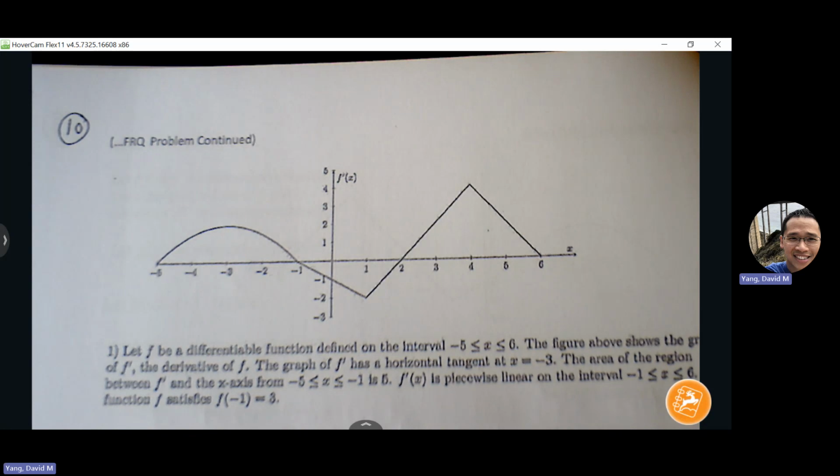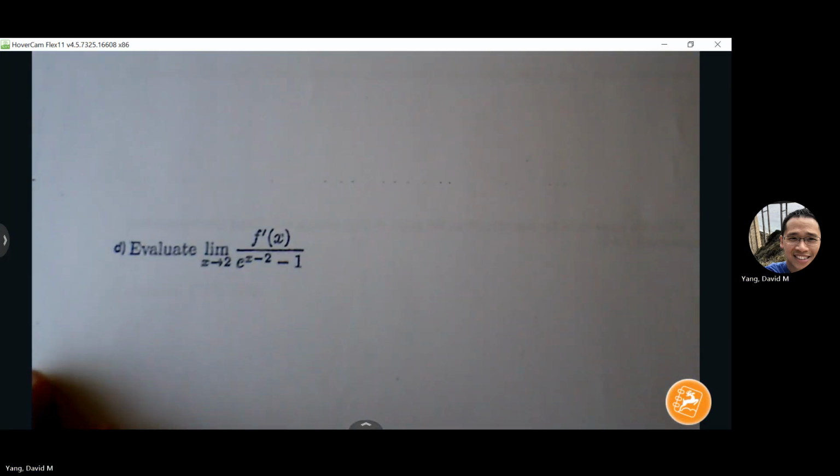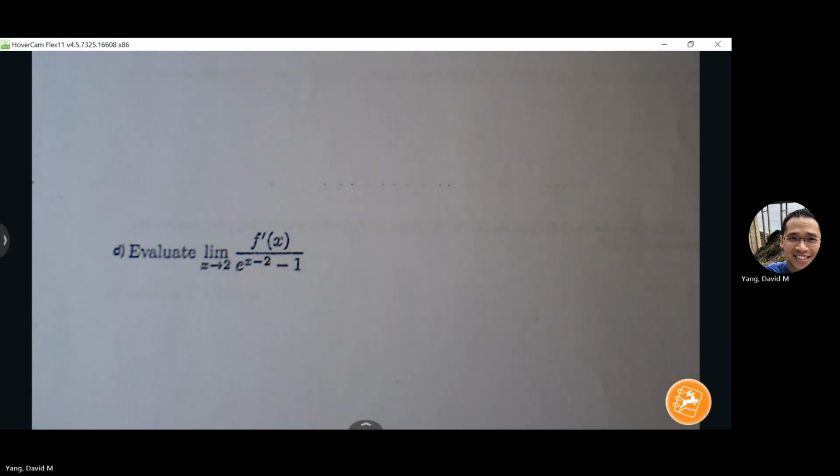Okay, so if we can go to part D here. Let's see if I can just run through these steps.